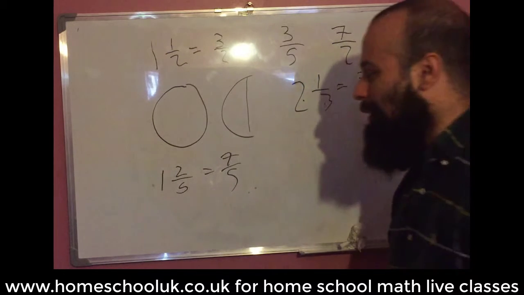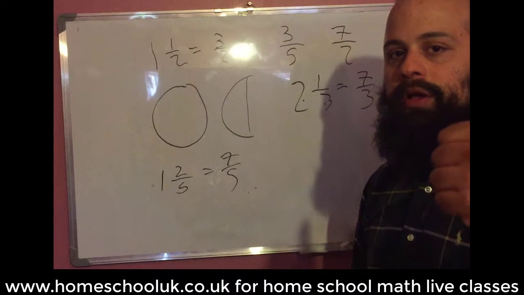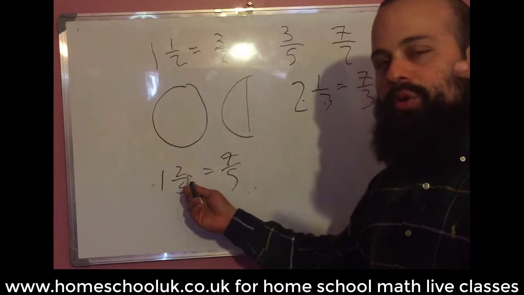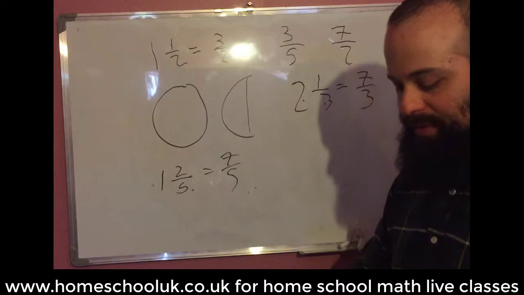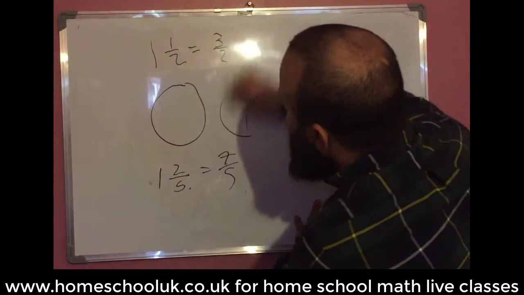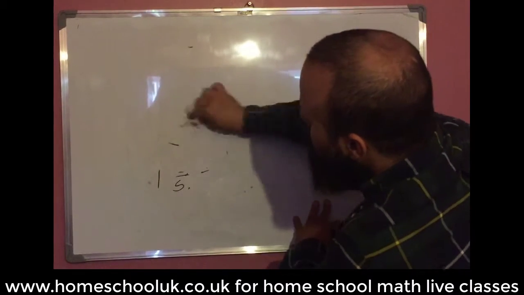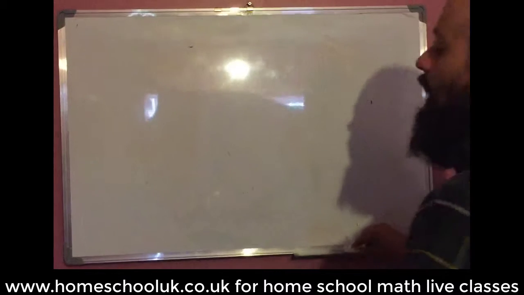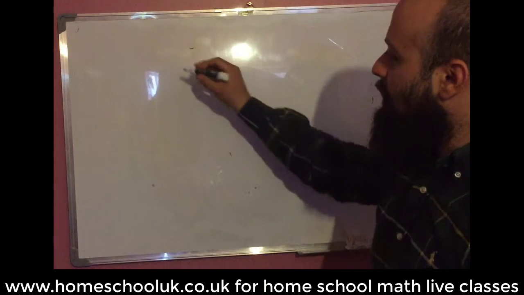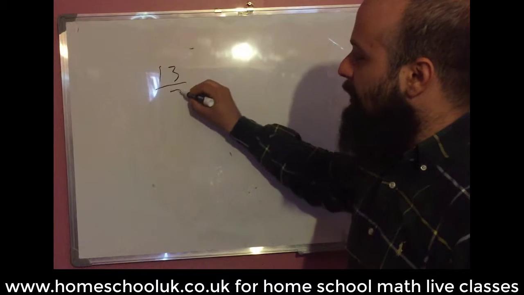I'll explain it a bit better. How many 5's in 7? 1. Remainder 2, and I'm dividing by the 5. So I'll do another example over here. Let's take a bigger number, okay? 13 over 3.